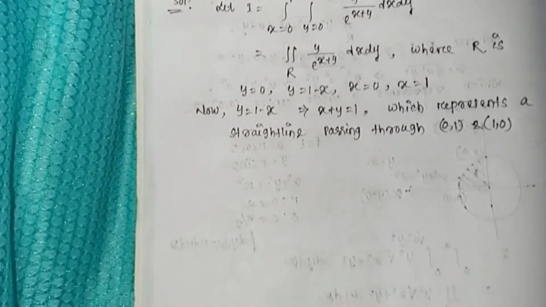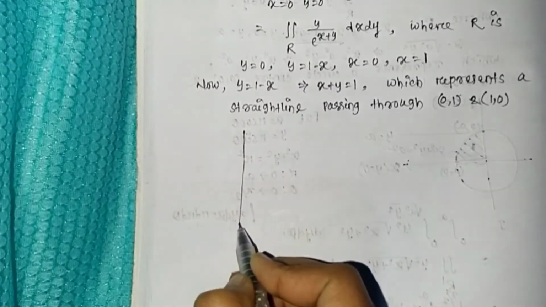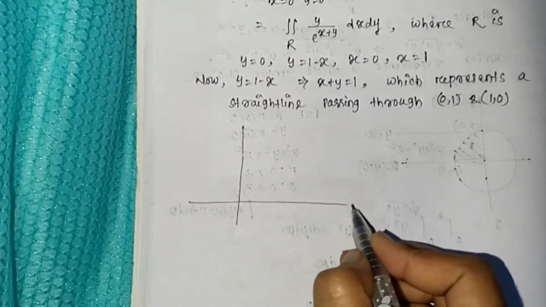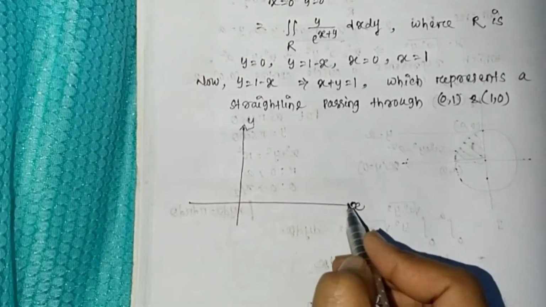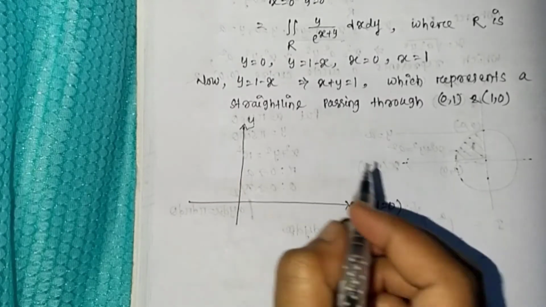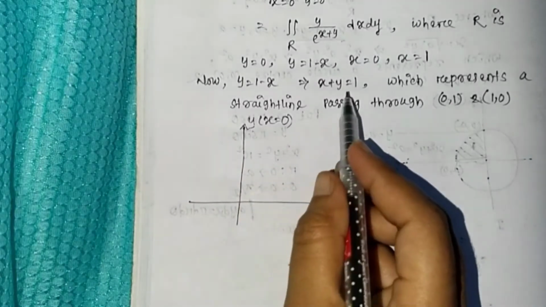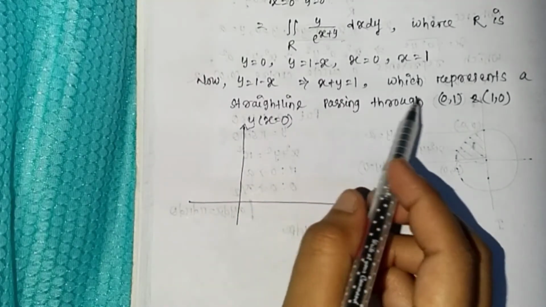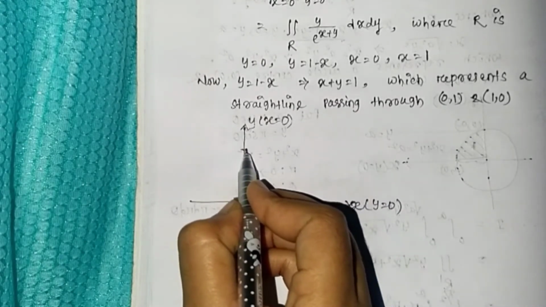Next we draw the diagram with respect to this region. That is our x-axis and this is our y-axis, and here it is the y equal to 0 line and here it is the x equal to 0 line. Then x plus y equal to 1 passes through (1, 0) and (0, 1).